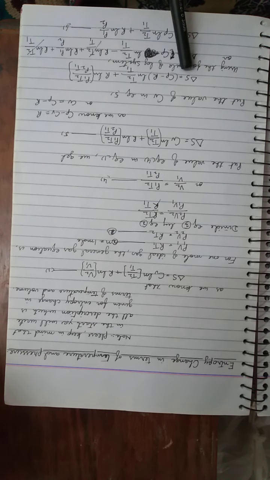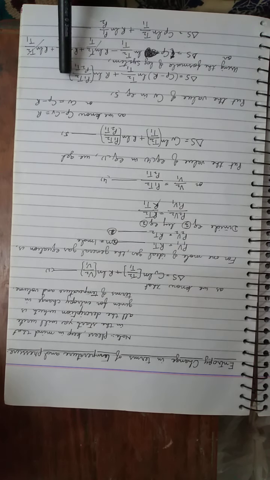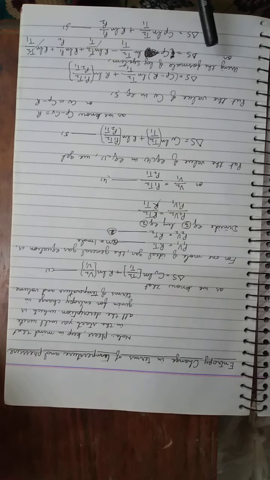Del S is equal to Cp minus R log natural T2 by T1 plus R log natural P1 T2 divided by P2 T1. Here at this point, we will use the log rule.